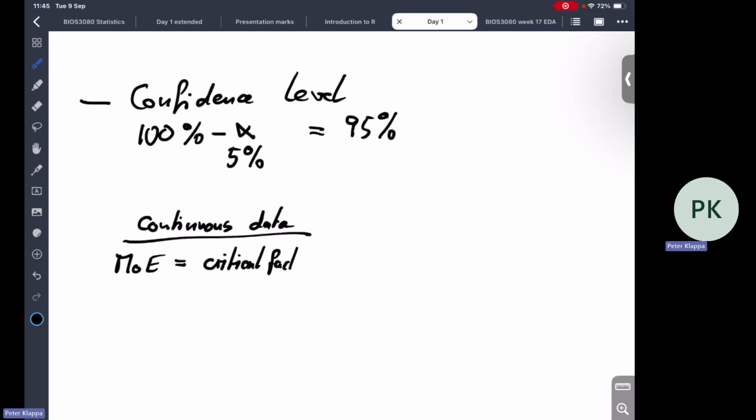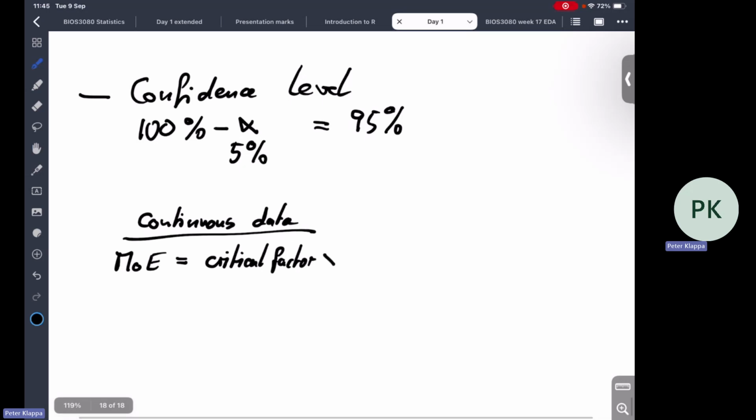What this factor is, I will say in a moment. Critical factor times, what did we say? We need the standard deviation.